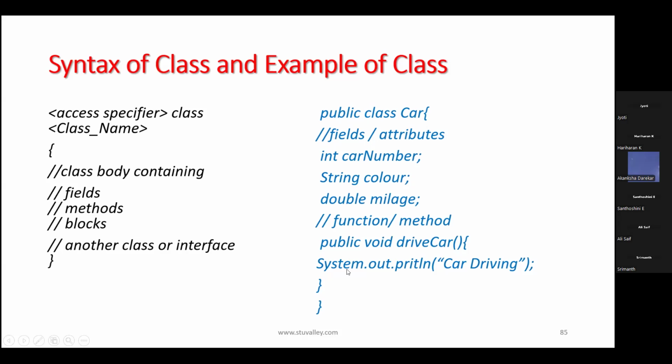Then there is the verb or function or method, the behavior, how the car behaves. We have created one method, driveCar, where I am simply displaying some data. So these are the methods, fields, and attributes inside a Car class. This Car class also doesn't have any main method.